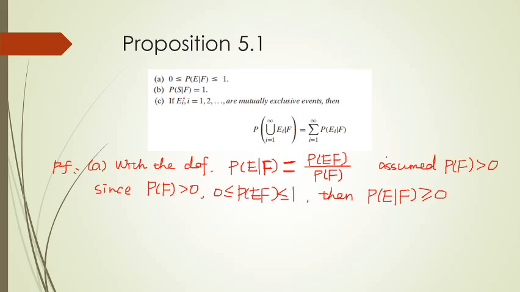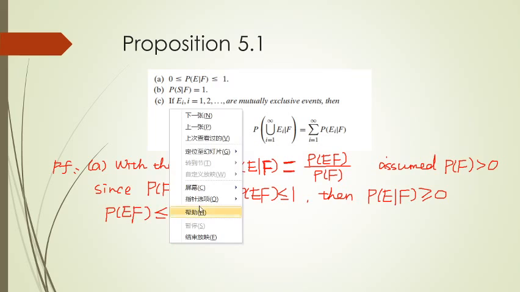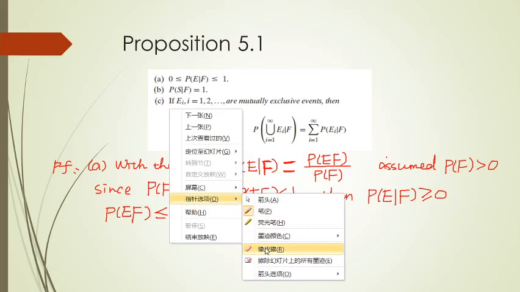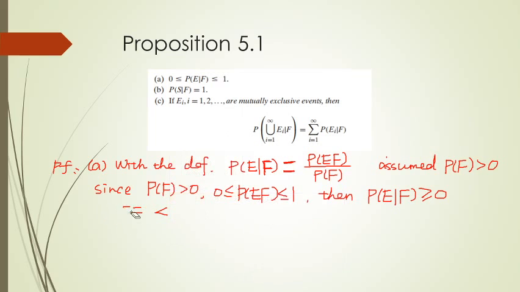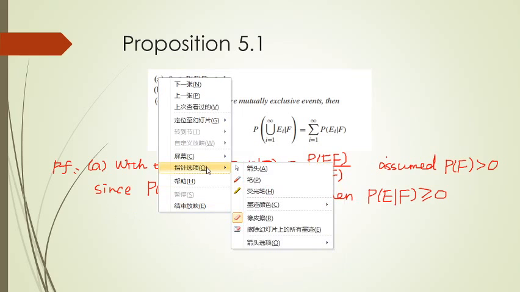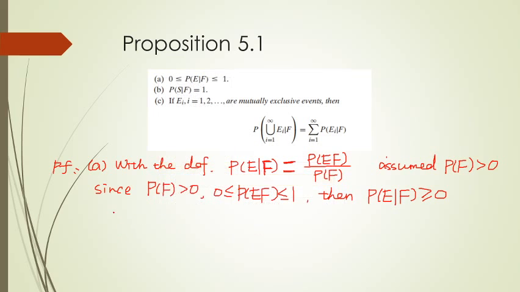Then how can we prove this part is less than 1? Let me write it this way and explain. The intersection E and F is a subset of F, right?